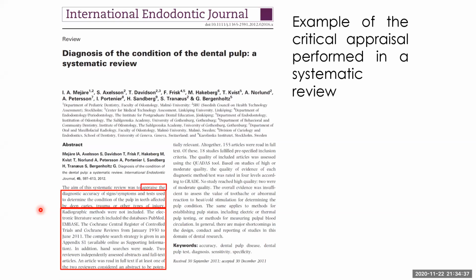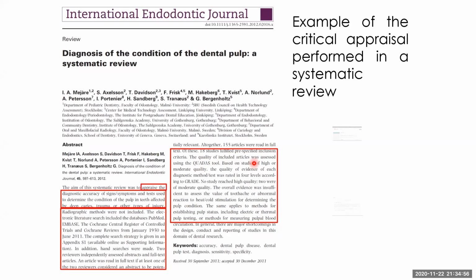The method of them, they use literature search in the database from this time to this time, and they found in their results that 18 studies fulfilled pre-specified inclusion criteria. How did they assess the quality of included articles?